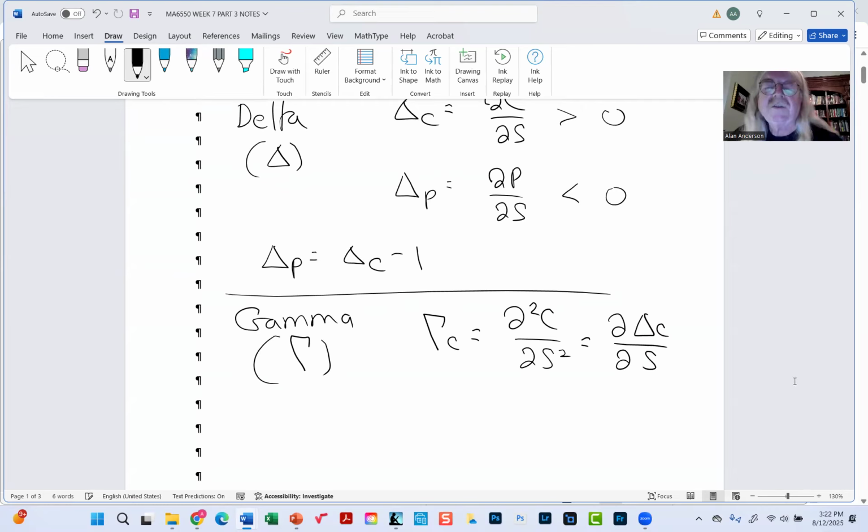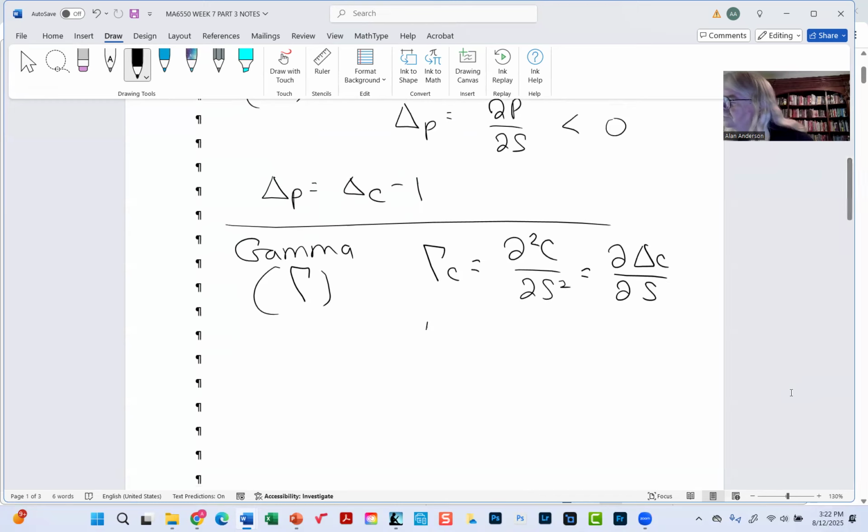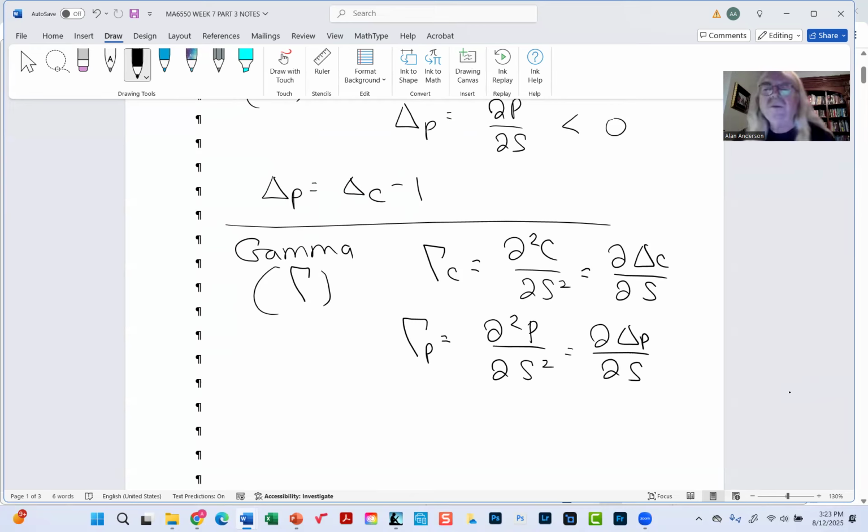So it was the second derivative of the call price with respect to the stock price, or the first derivative of the call delta with respect to the stock price. And the same thing's true for the put gamma. And so we know that both of them are positive, and for the same option, they're always equal to each other.